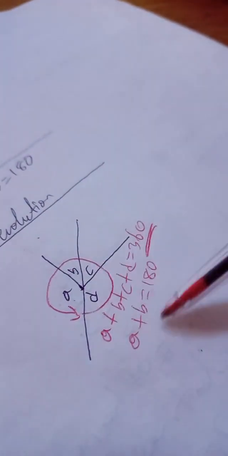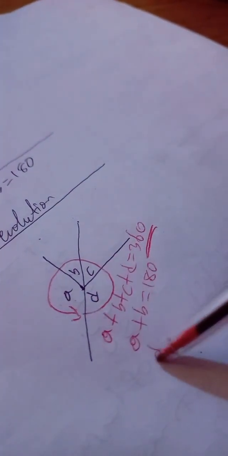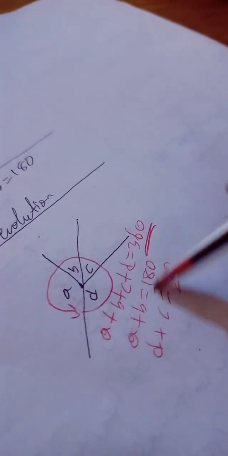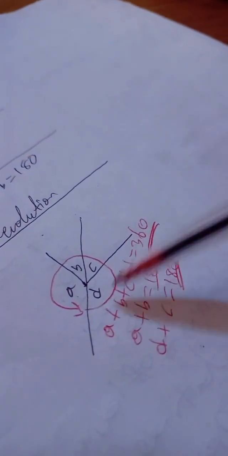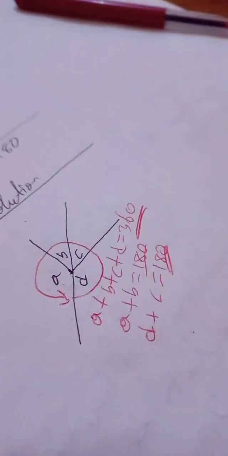So A plus B gives us 180. D and C gives us 180. D plus C is also 180. So this will add up to 360 because it's a revolution.